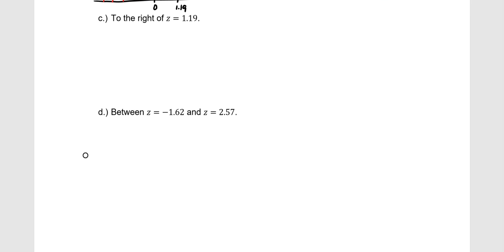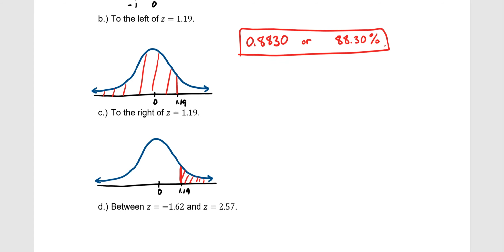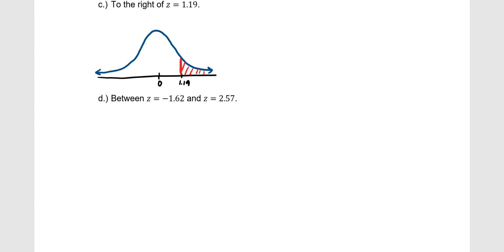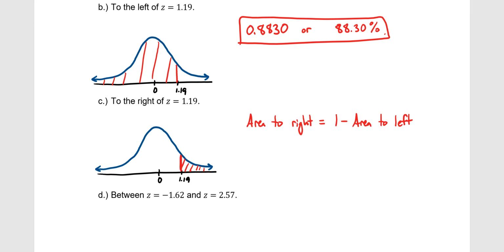Now let's make these a little bit harder. We want the area to the right of 1.19. We just did 1.19, and this time we want the area to the right of it. We just found the area to the left. The area to the right is going to equal 1 minus the area to the left.